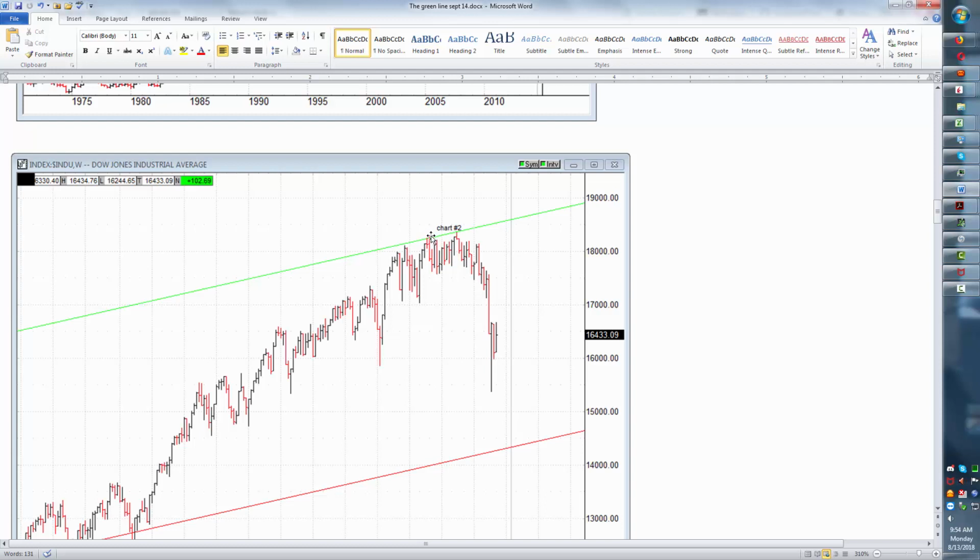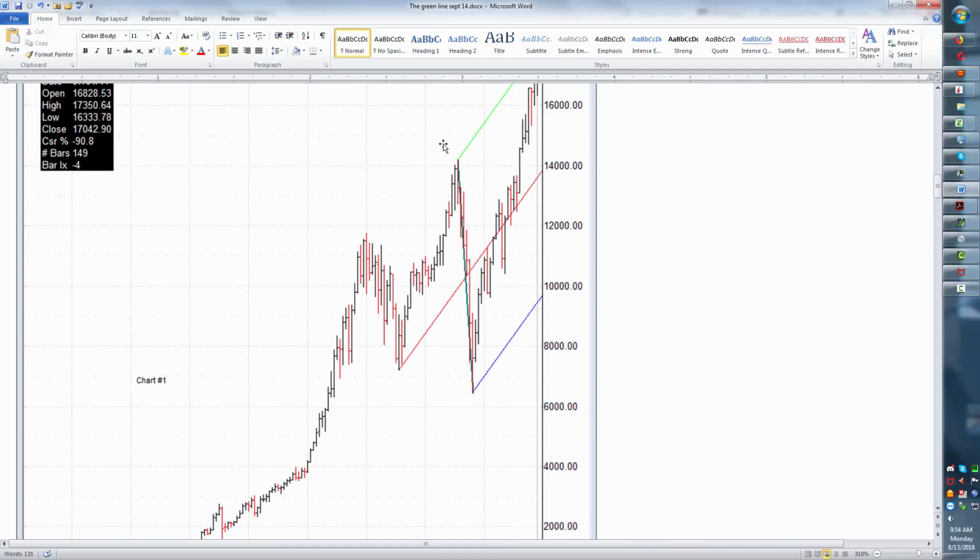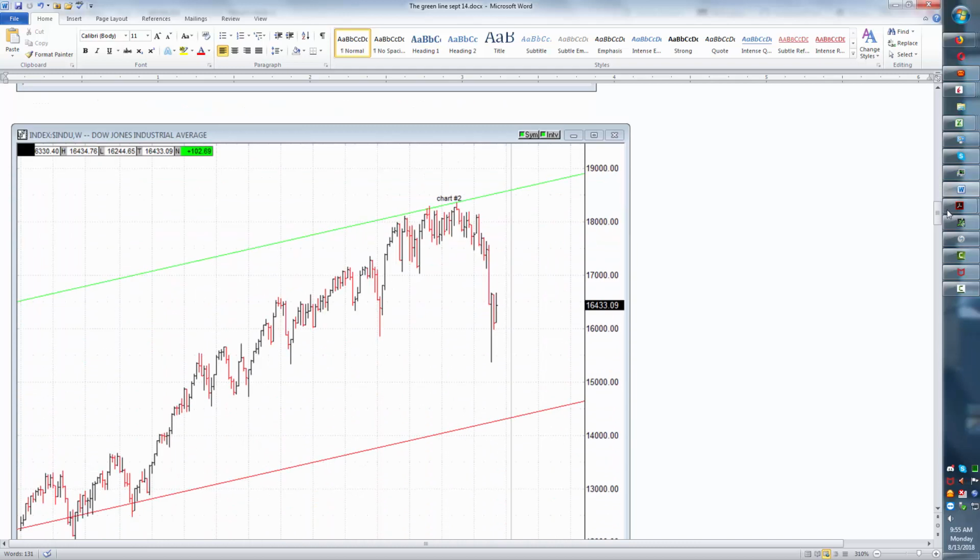And notice what we did was we converted that quarterly chart into a weekly chart, and notice that prices went up to the green line and up to the green line, and this big green line here is the exact same line that is up here, on this big huge quarterly chart.